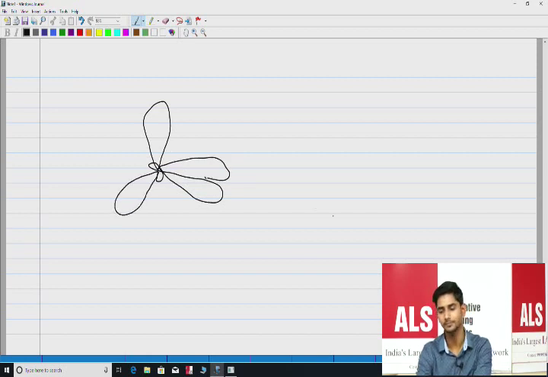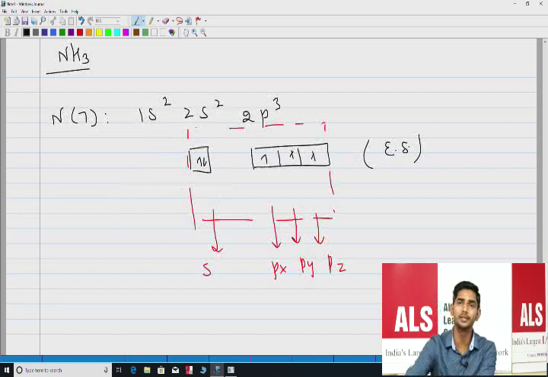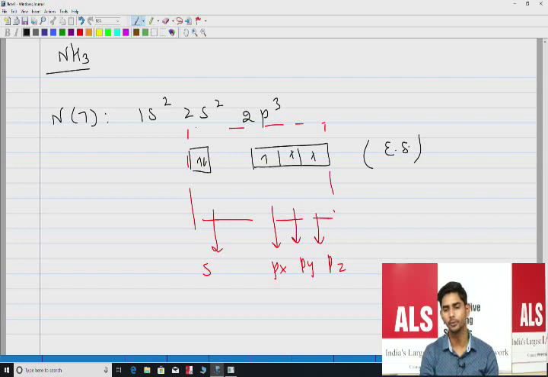Tell me, guys, in the given example, how many orbitals can you see which are unpaired, which contain an unpaired electron? Exactly, 3 are there. That's why only 3 bonds will be formed. This is the concept: only those atomic orbitals in the hybrid orbitals having unpaired electrons can form bonds, and those having fully filled orbitals will become lone pairs.